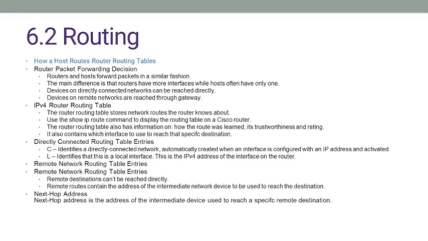Router routing tables. First, you need to route a router packet forwarding decision, then the IPv4 router routing table, directly connected routing table entries, remote network routing table entries, and the next hop address.